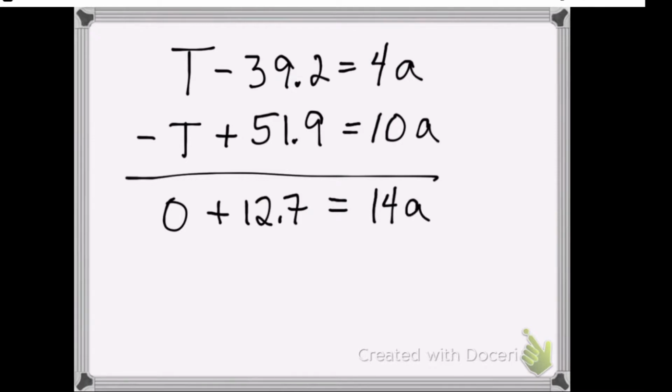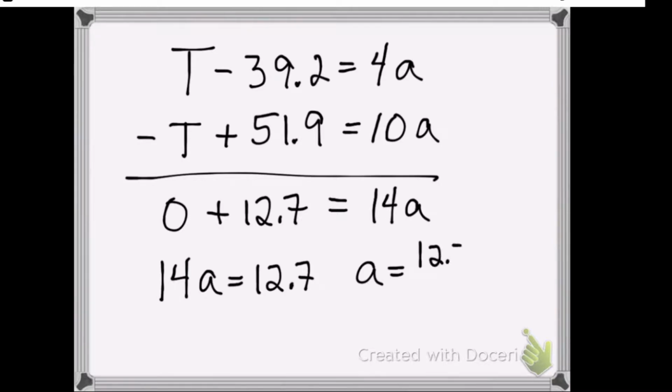So what do we got? We have 14a is equal to 12.7. So we're going to divide both sides of the equation by 14 to get the acceleration. And that's going to give us 12.7 divided by 14.